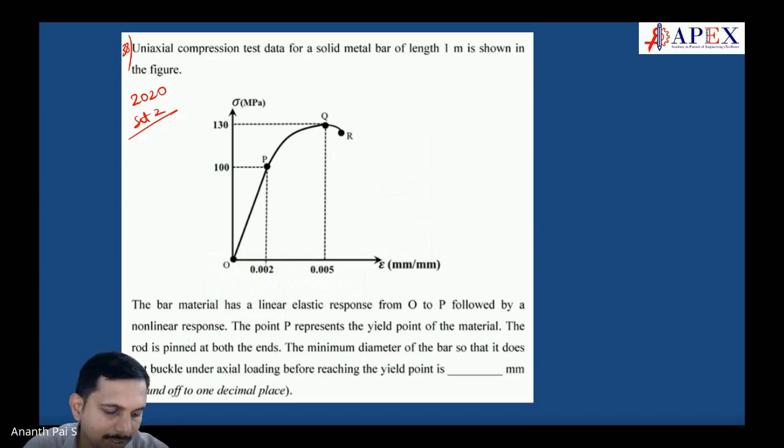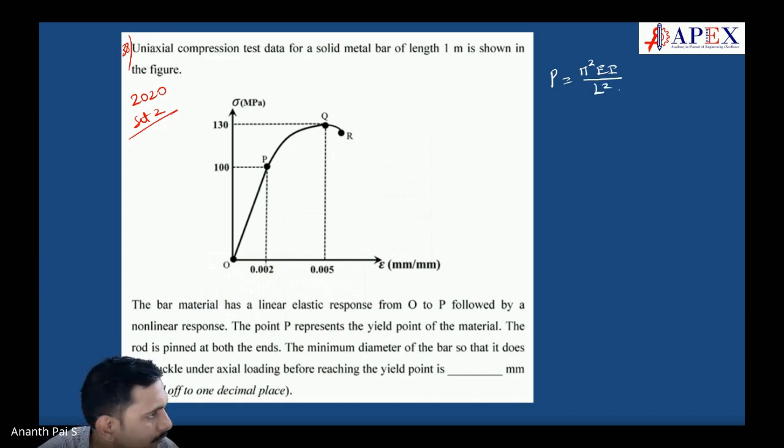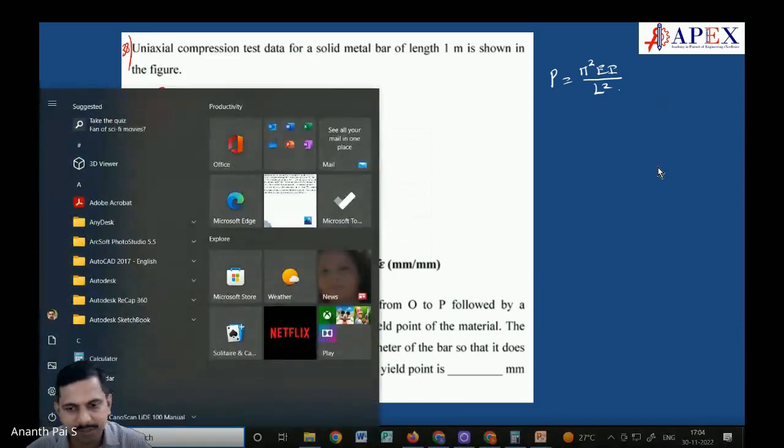So what is happening basically is if you consider P, P is equal to pi square EI by L square. Correct? What is I? 57, correct. 56, 57 point... 56.9.